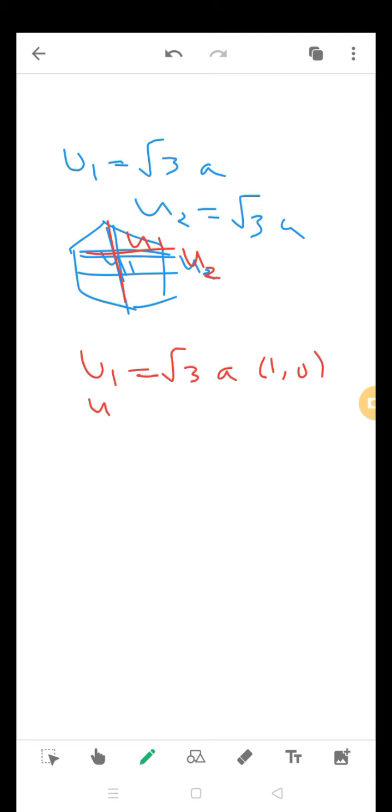Similarly, U2 will be a projection of U2 on the x-axis, so it will be U2 cos 60 degree, whereas the y-axis will be equal to U2 sine 60 degree.